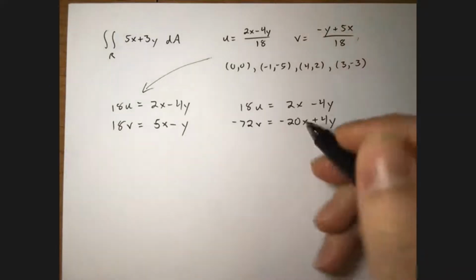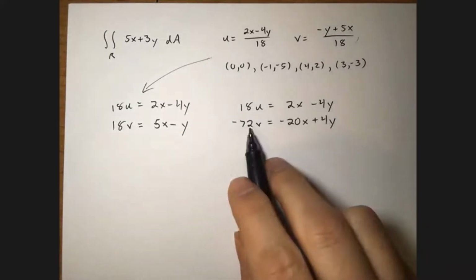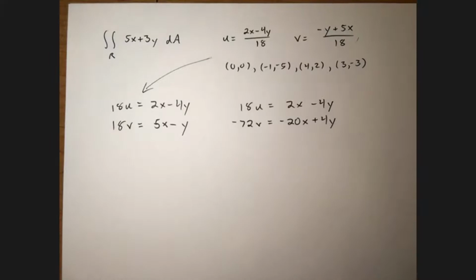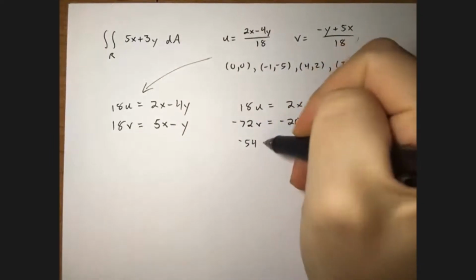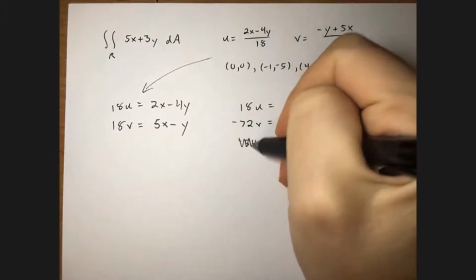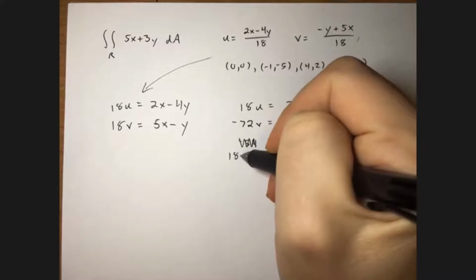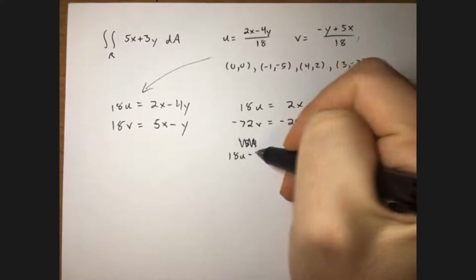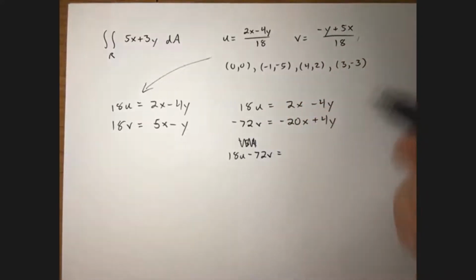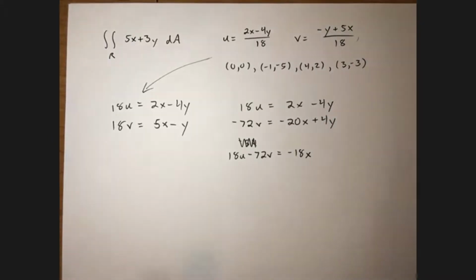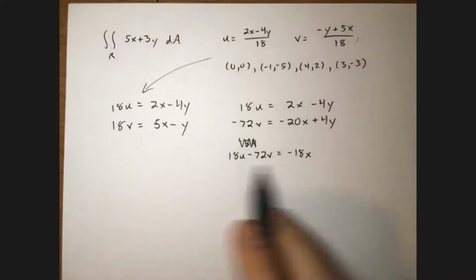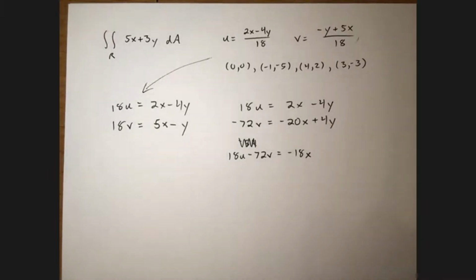Oh, these are not like terms. Sorry, can't add those: 18u minus 72v. The y's cancel, but I do get -18x. Divide both sides by 18, and we've solved for x.